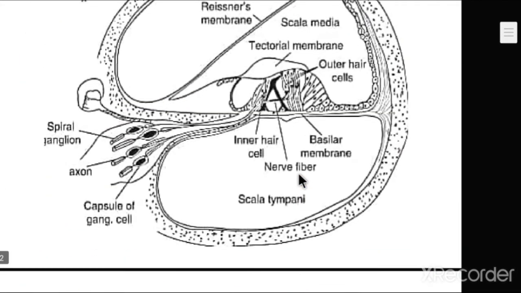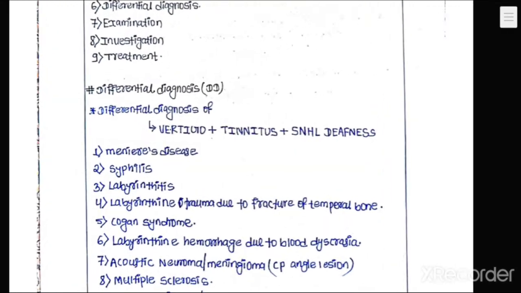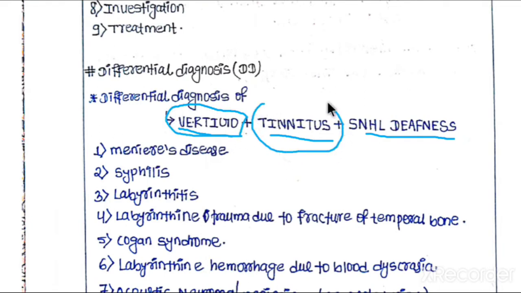Now we will study the differential diagnosis of Meniere's disease. We have the classical triad of symptoms: vertigo, tinnitus, and sensorineural hearing loss. These types of symptoms may be present in other diseases, mainly inner ear diseases, so we have listed the differential diagnosis.